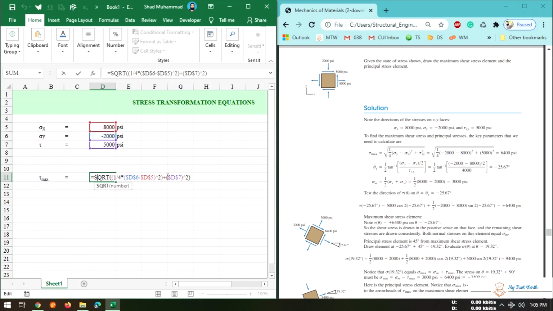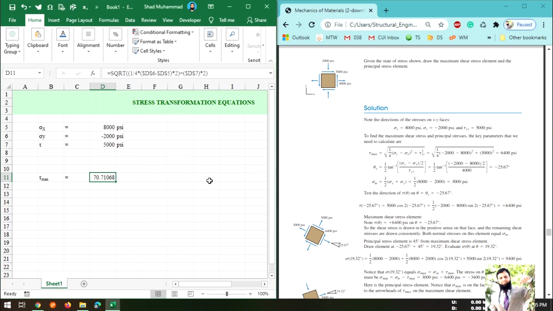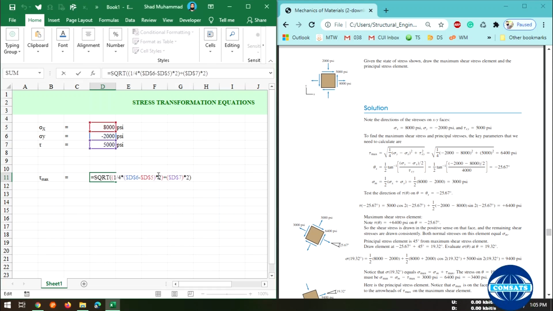Where is the error? Wait a minute, where is the problem? This is wrong.